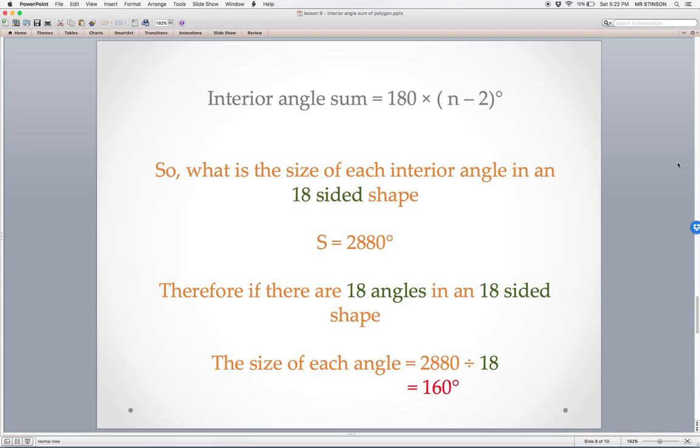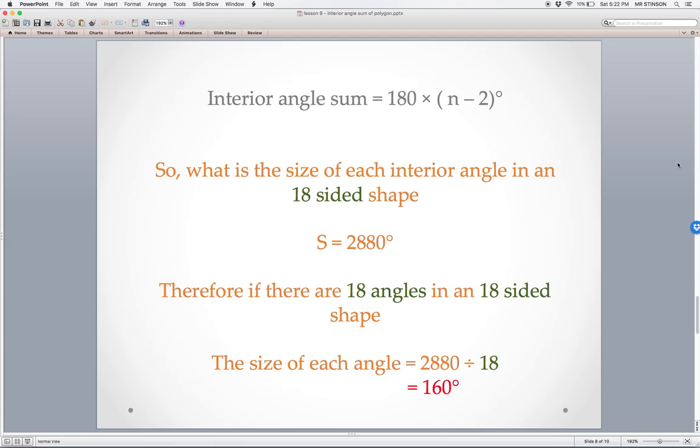Let's look at our next question. What is the size of each interior angle of an 18-sided shape? So this time we're looking for the individual size of each angle inside an 18-sided shape.